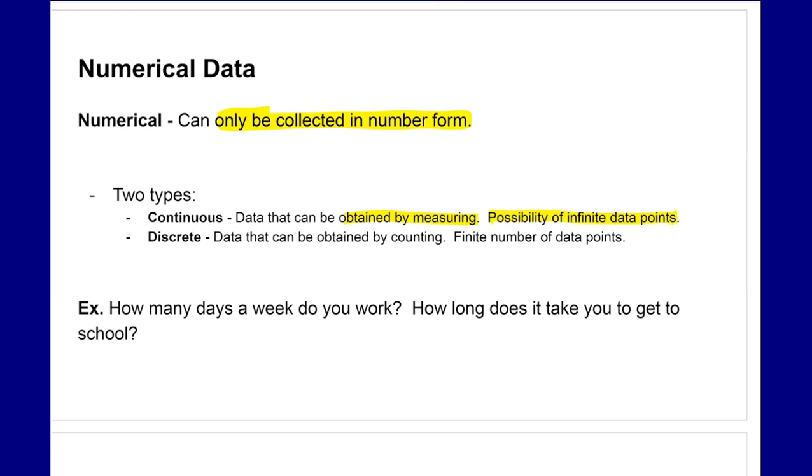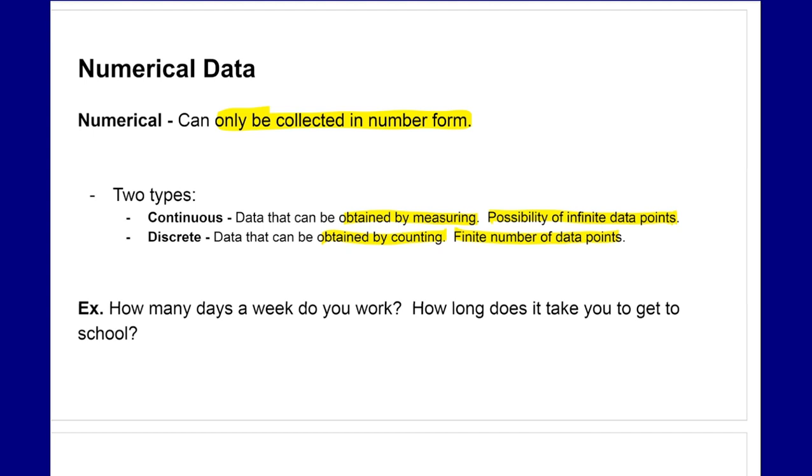Discrete is data that's obtained by counting, and there's a finite number of data points. There's only so many data points there can be. There could be a lot, but there's a finite number. An example could be: how many days a week do you work? That would be discrete: 1, 2, 3, 4, 5, 6, or 7.